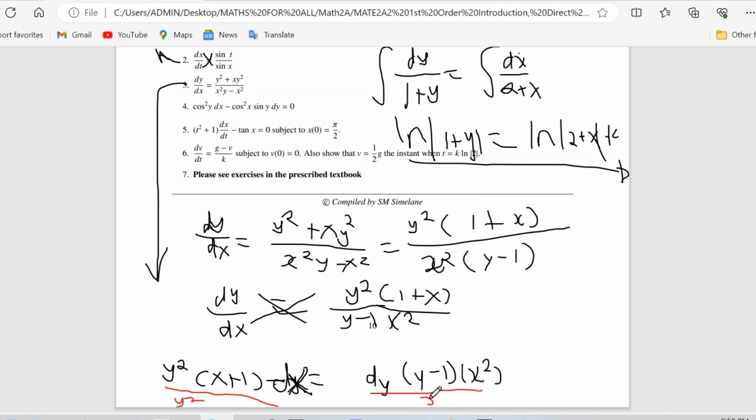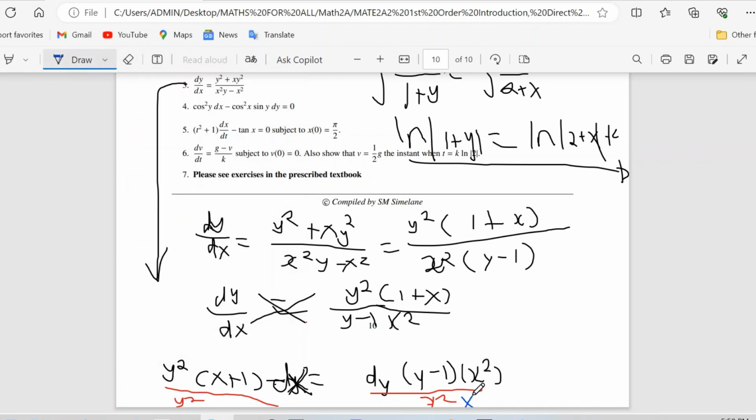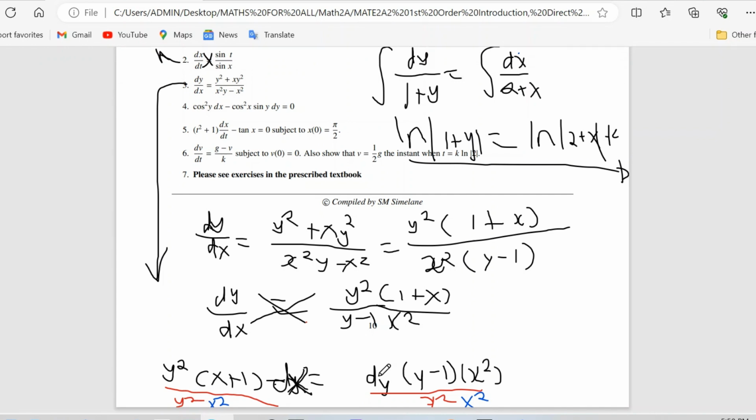Because we have decided to divide by y squared, in the same step x needs to leave as well. This algebra is very hard, guys. Many people fail because they don't know how to play with them, so you need to know how to play with them thoroughly. They can leave at the same time, no problem.